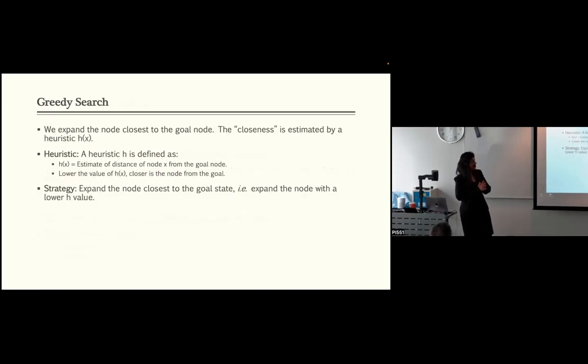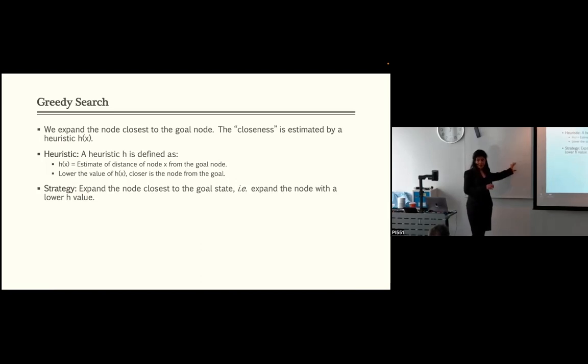The closeness is estimated by the heuristic h(x) function. So we start with one node, and then we try to expand that node towards the goal node and estimate the closeness.